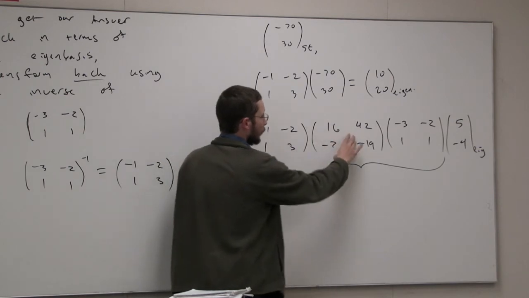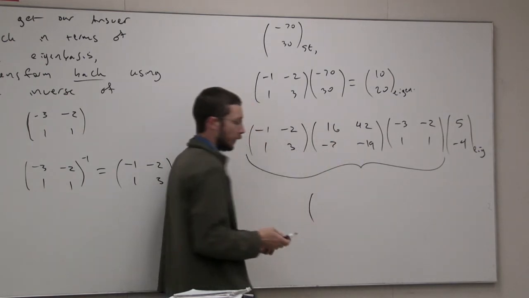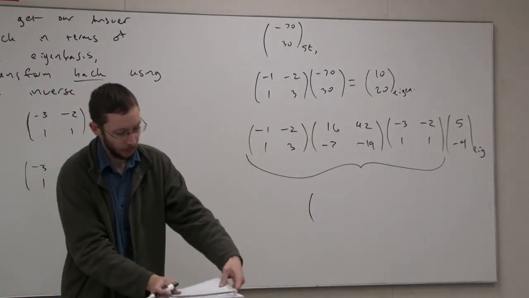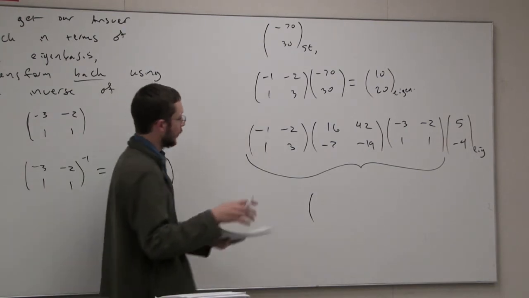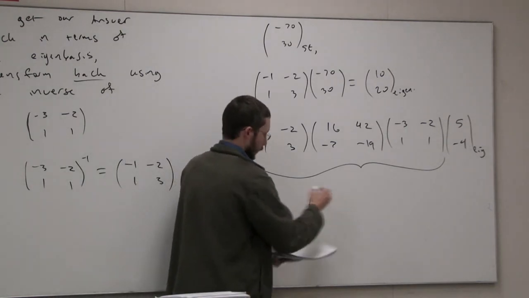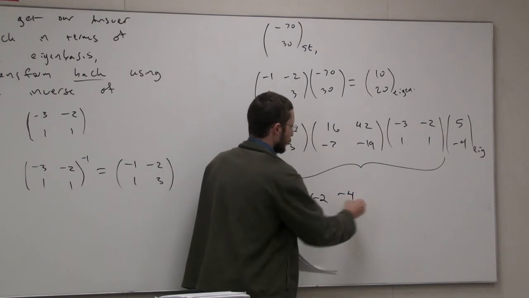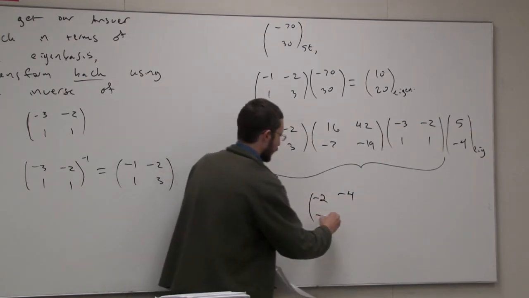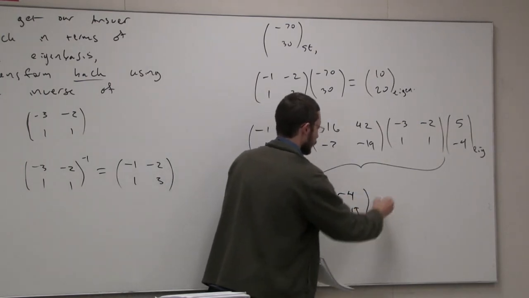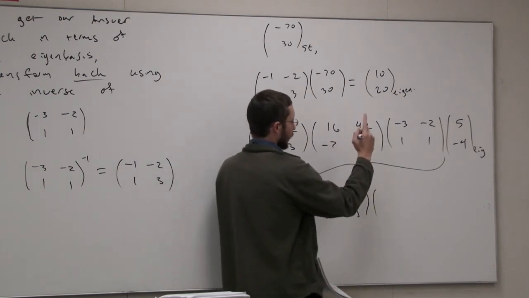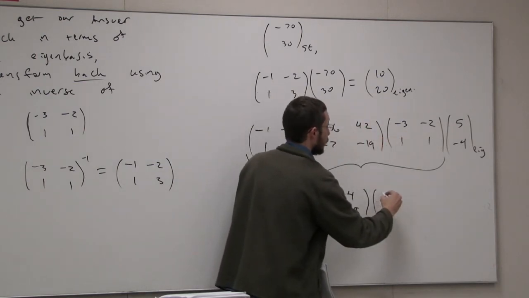If you multiply this one by this, you'd end up with this matrix here. So multiply those first two matrices, you'd get -2, -4, -5, -15. And you can multiply this matrix.